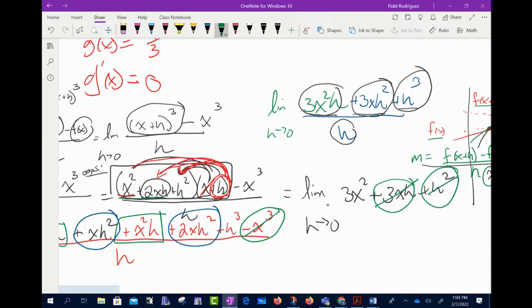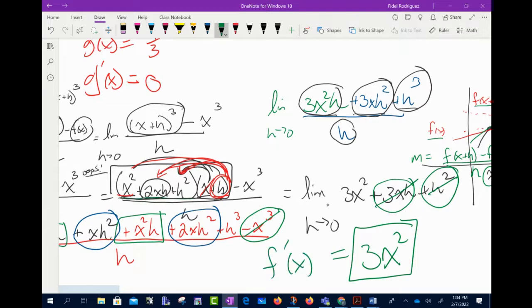They're going to disappear. So all we're going to be left with is a 3x squared, right? And there's our derivative. So we found f prime of x to be equal to 3x squared. Okay.